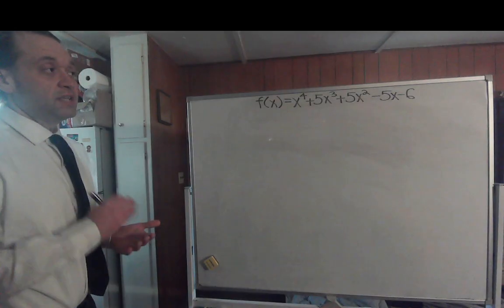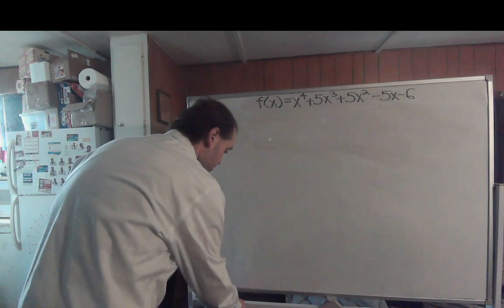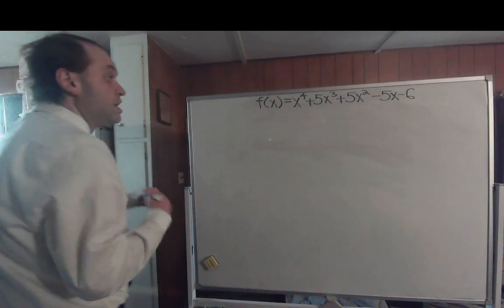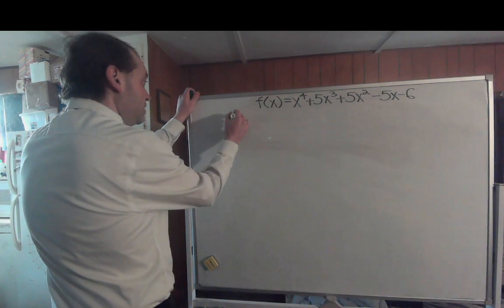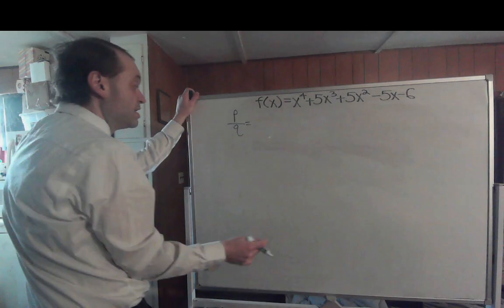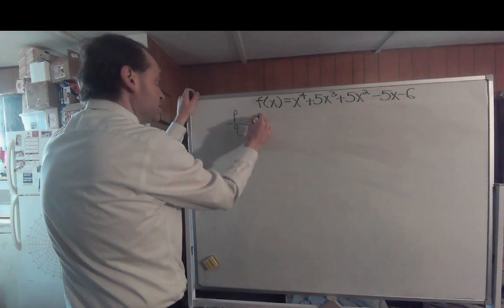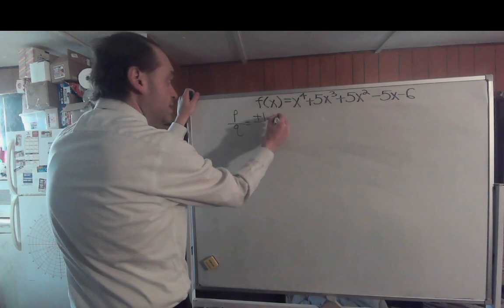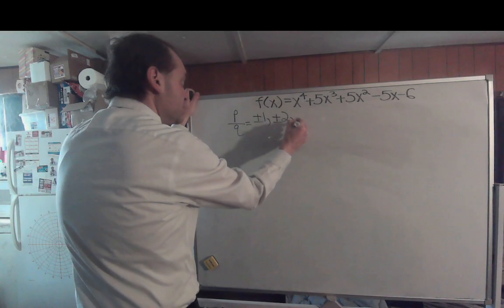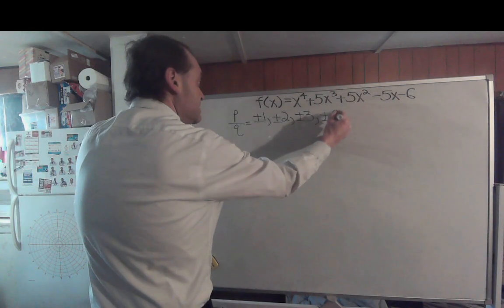This one definitely can't be factored, so we're going to have to go for the rational zeros approach. So let's take our p over q, which would end up being, of course, factors of 6 for your constant terms. So you'd have plus and minus 1, plus and minus 2, plus and minus 3, and then plus and minus 6.